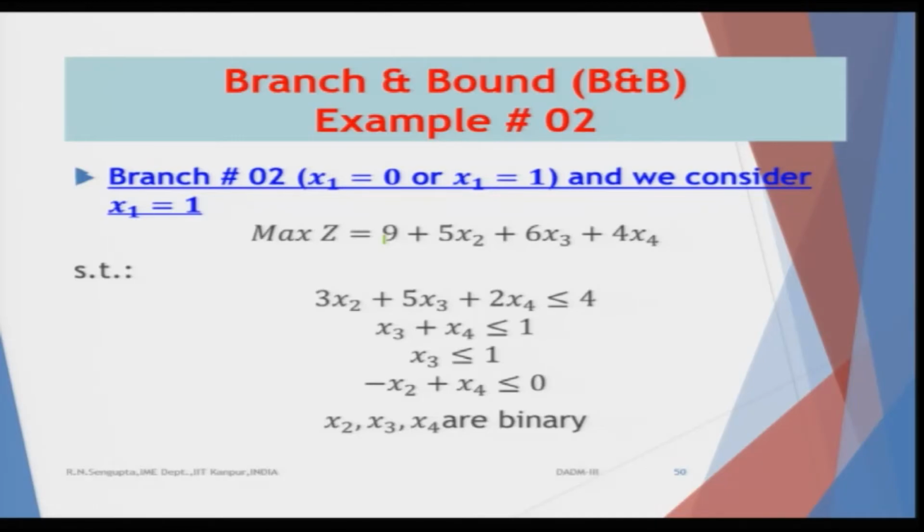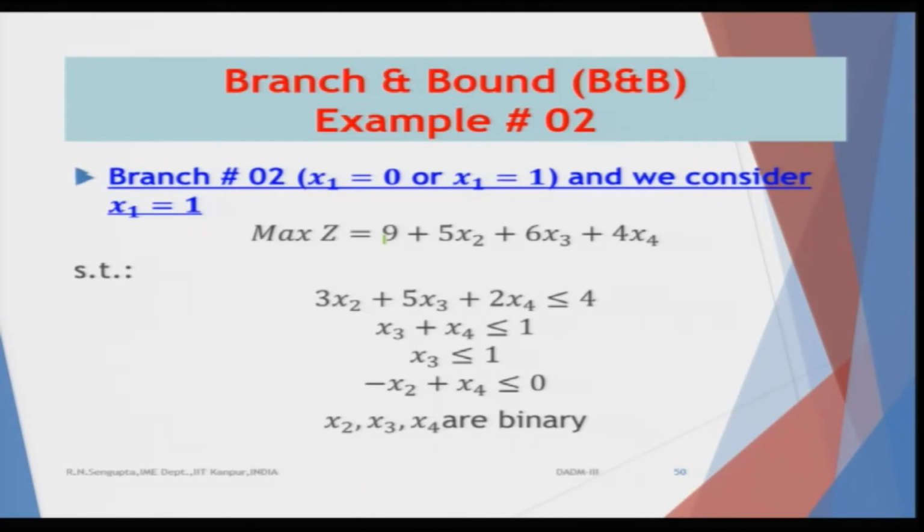Now, x3 can be 0 and 1, because we are trying to relax it. Relax not from the point of view of linear programming relaxation. Relaxation means in which direction you are going, whether it is plausible or not.